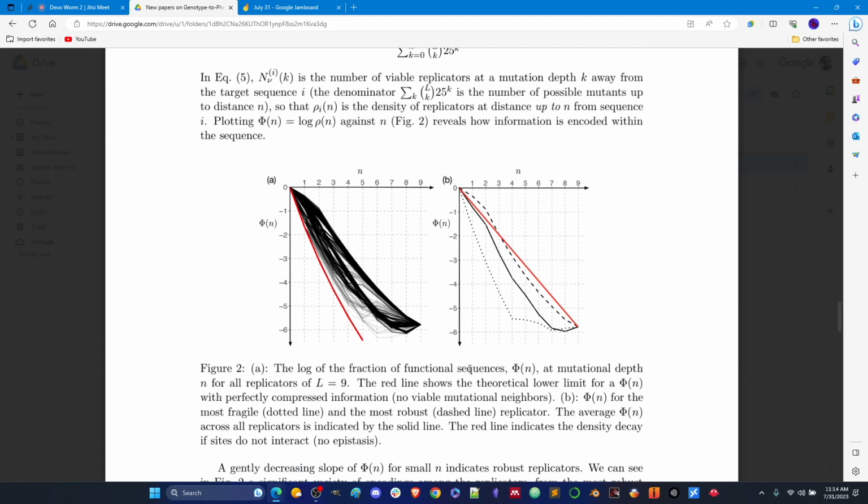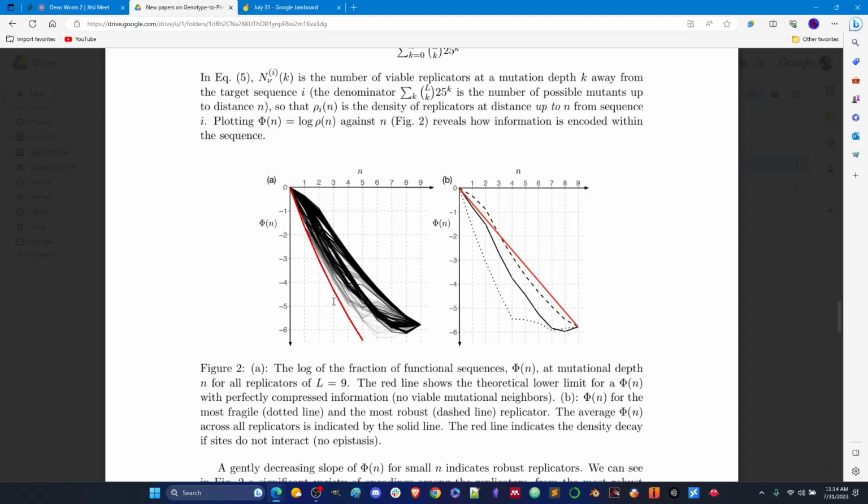So these are the graphs here. You can see that this is the fraction of functional sequences on the y-axis, the mutational depth on the x-axis, and as mutational depth increases, the fraction of functional sequences goes down to -6, but I think that's the log. So yeah, it's going in this downward slope.